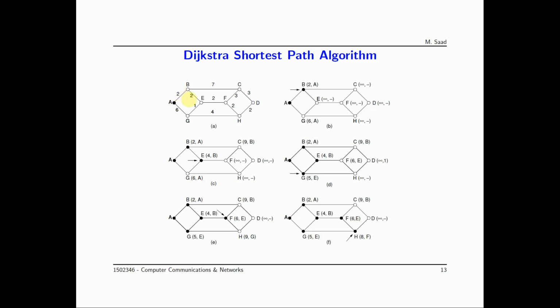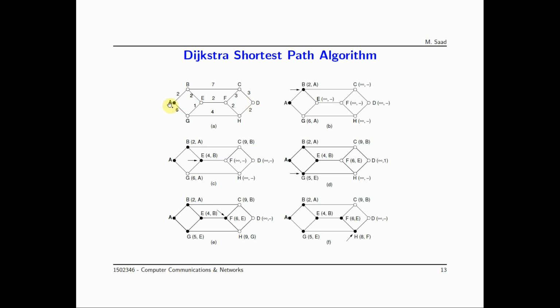The main question: given a network represented by a graph like the one that you see here, given a source node, which is assumed to be A in the example, and a destination node, which is assumed to be D in the example, what is the shortest path? What is the path that has the shortest total distance from the source to the destination?